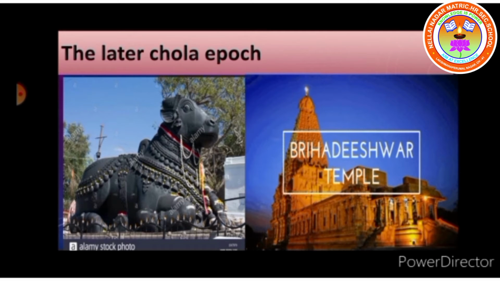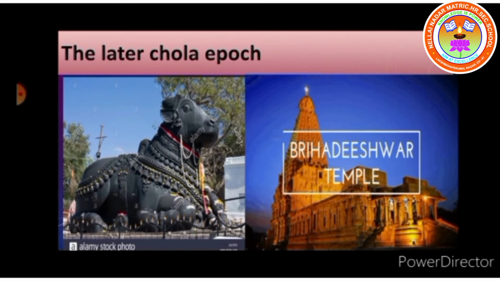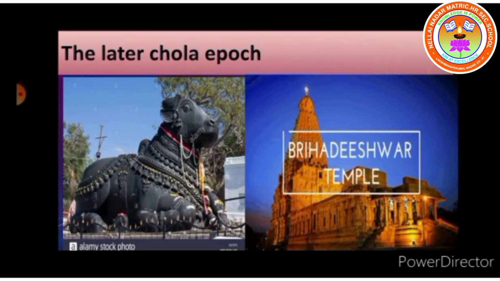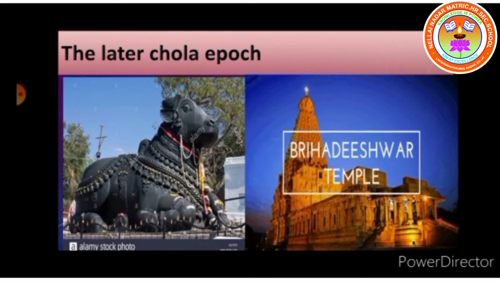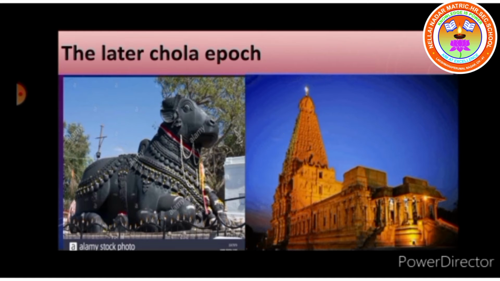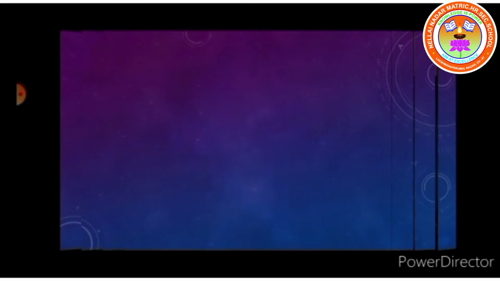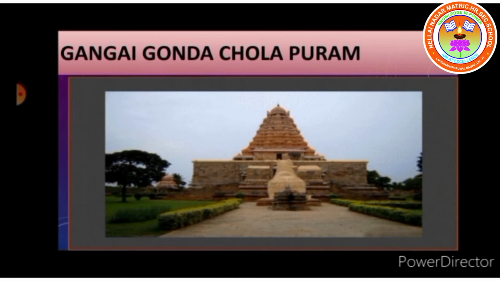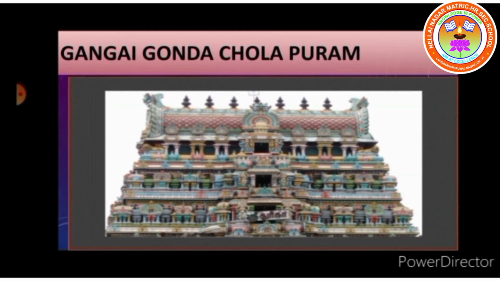The 260 feet Vimana is notable as it is one among the tallest man-made ziggurats of the world. The huge bull statue measures about 16 feet long and 13 feet height and is carved out of a single rock.